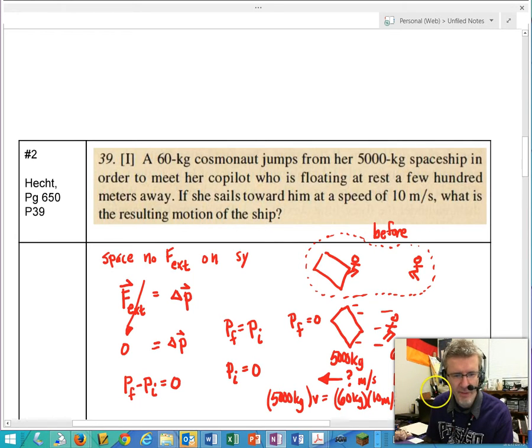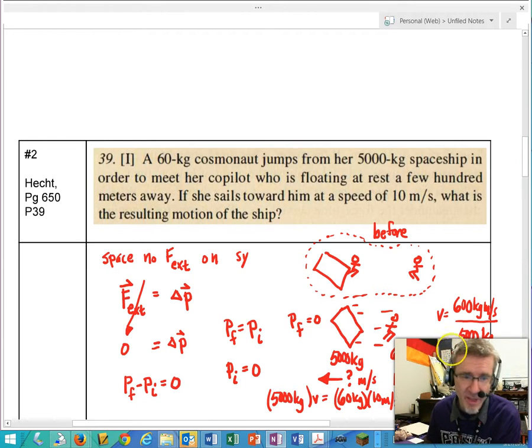Or V equals 600 kilogram meters per second divided by 5,000. I'm okay with dividing by such a big number because the spaceship has a mass much greater than the cosmonaut, and so I'm okay with this being 6/50 meters per second.